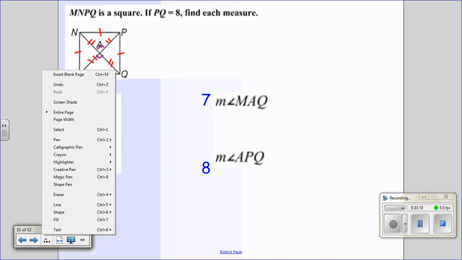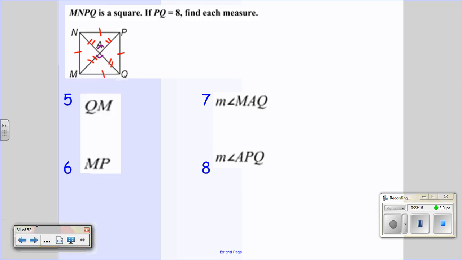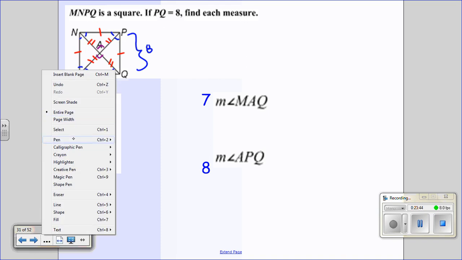And the diagonals bisect each other. So there's several little 45-degree angles around in each corner, FYI. Now that you have the picture marked up completely, please answer each one of these questions. And they tell us the distance from P to Q is 8 in the passage. So that should also help. Again, good luck on finishing the rest of these notes.